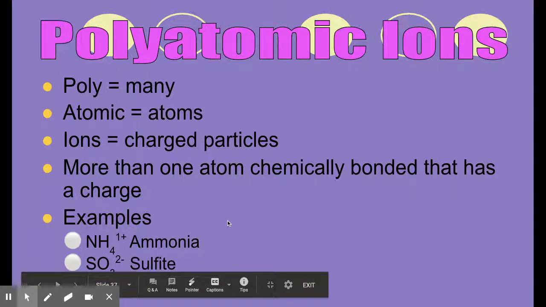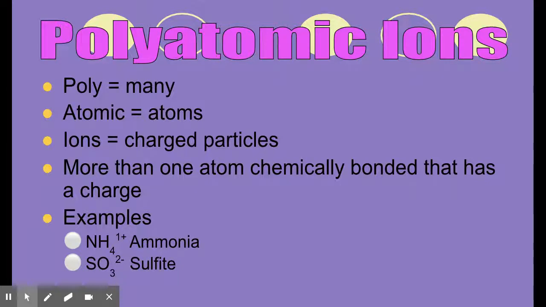We have ammonium, NH4, okay? But the overall charge of this molecule is +1. It's not like the example we just looked at, magnesium fluoride. You had 1 magnesium and 2 fluorines, but that balanced out, right? Because the magnesium was a +2 and each fluorine was a -1. So they balanced out to be a neutral compound.